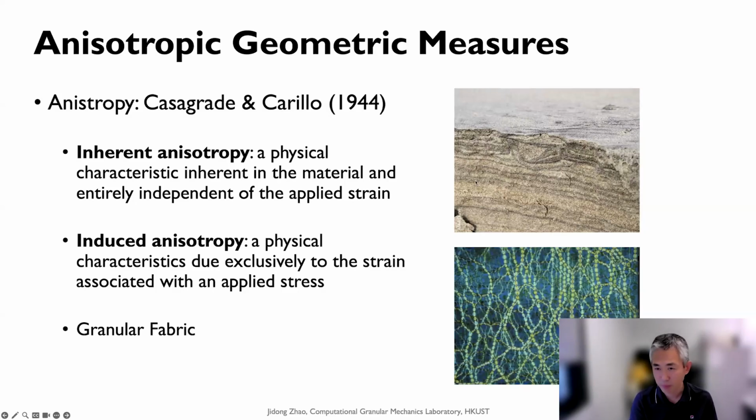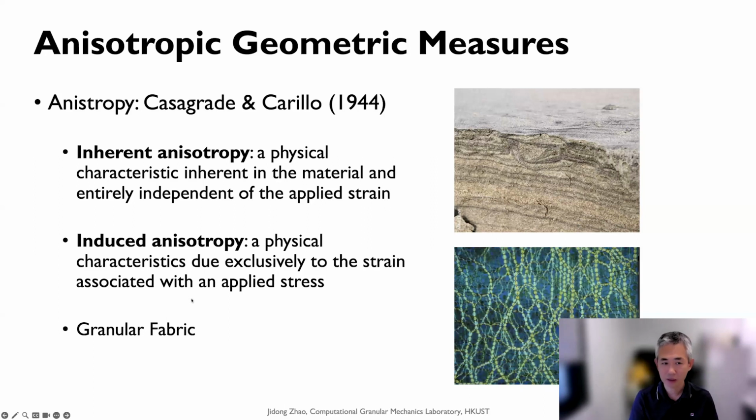If we go to the field, dig a little bit and create a vertical profile, we can observe that the sand is formed in this layered structure. This is a very good example of what is called inherent anisotropy. It basically refers to a physical characteristic which is inherent in this material and independent of the applied strain. It has been there without external force.